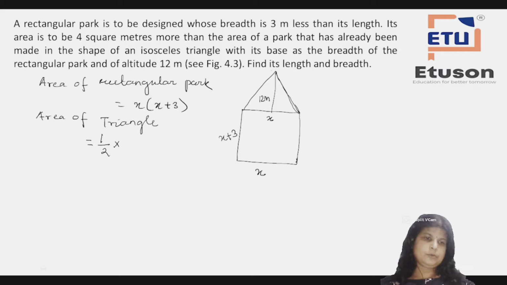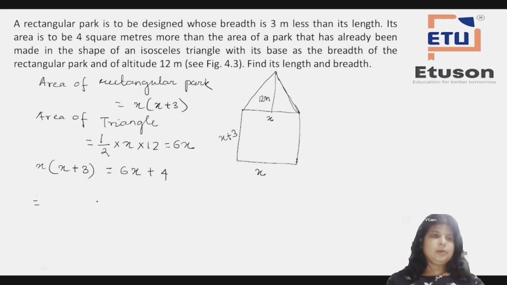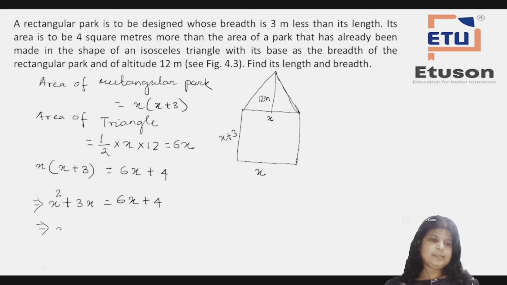So half into x into 12, that is equal to 6x. Now according to the question, x into (x plus 3) is equal to 6x plus 4, correct? That is 4 square meters more than the area of the park that has already been made in the shape of an isosceles triangle. So you have x square plus 3x is equal to 6x plus 4. It implies x square minus 3x minus 4 is equal to 0.